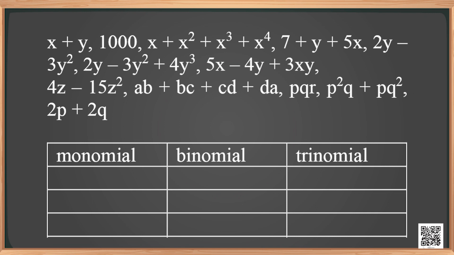These are the polynomials: x plus y 1000, x plus x square plus x cube plus x power 4, 7 plus y plus 5x, 2y minus 3y square, 2y minus 3y square plus 4y cube, 5x minus 4y plus 3xy, 4z minus 15z square, AB plus BC plus CD plus DA, PQR, P square Q plus PQ square, 2P plus 2Q.